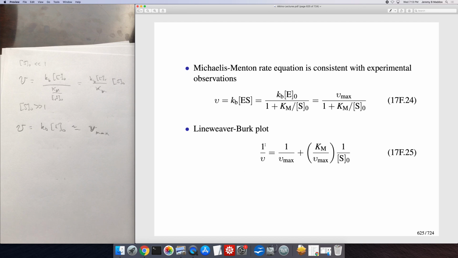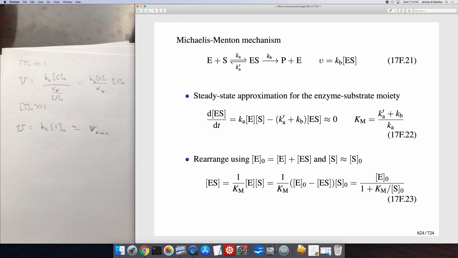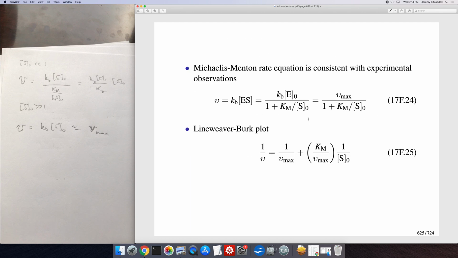If you plot 1 over the rate as a function of 1 over the substrate concentration, you're going to get a linear equation where this is your slope and this is your intercept, and between the slope and the intercept you can determine both Km and the maximum rate, which should in turn allow you to calculate some of the rate constants, I would suspect, perhaps.